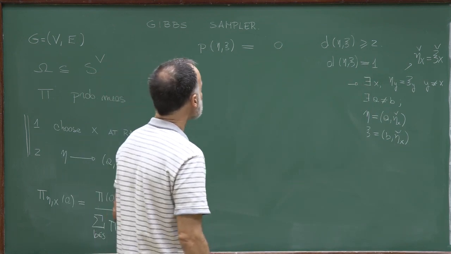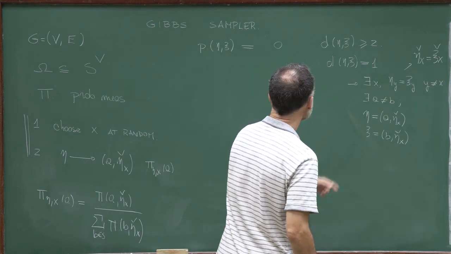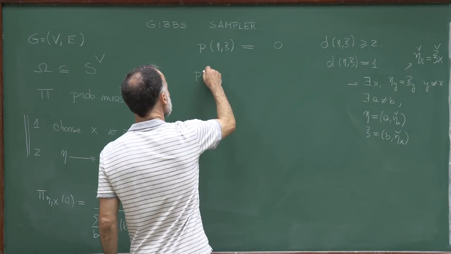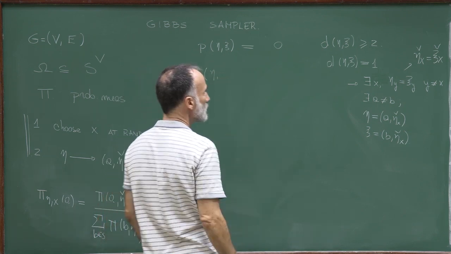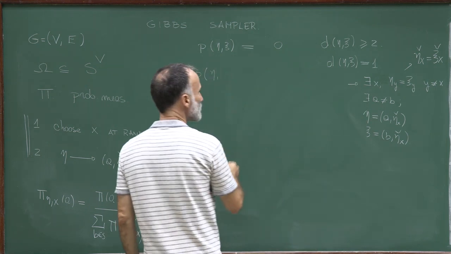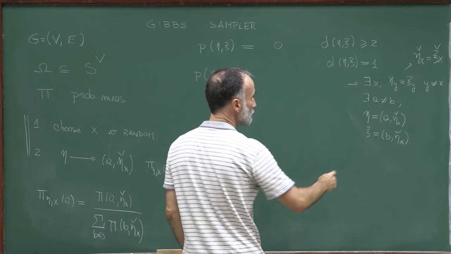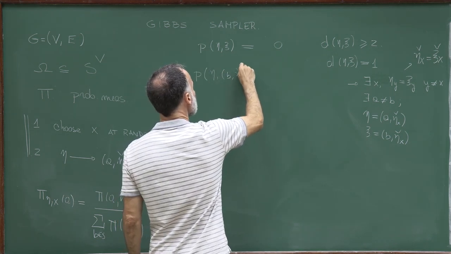Right, so what is now the probability? So what I need to examine is the probability that I jump from eta, since in this case there exists this x, it's enough that I consider the case in which I'm jumping to b eta bar x.